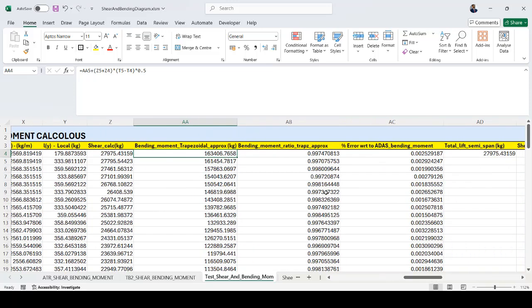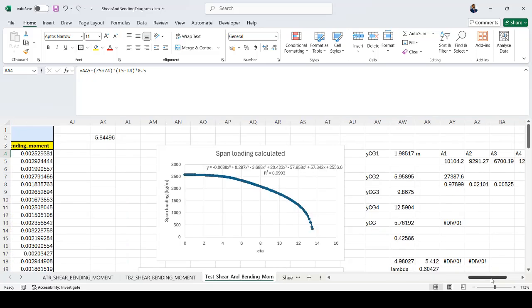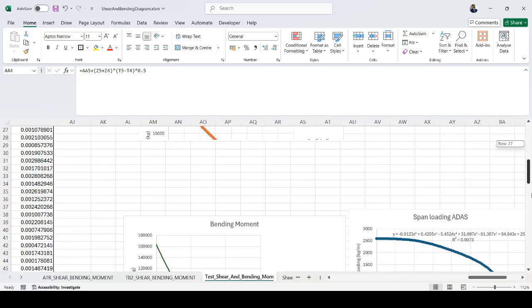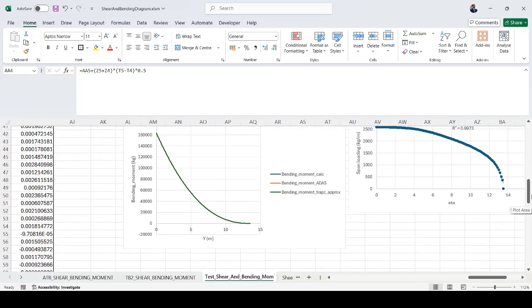The comparison with ADAS gives a percentage error of 0.002, that is 0.2%. So it's very, very low. And this is the distribution of the moment that appeared first.